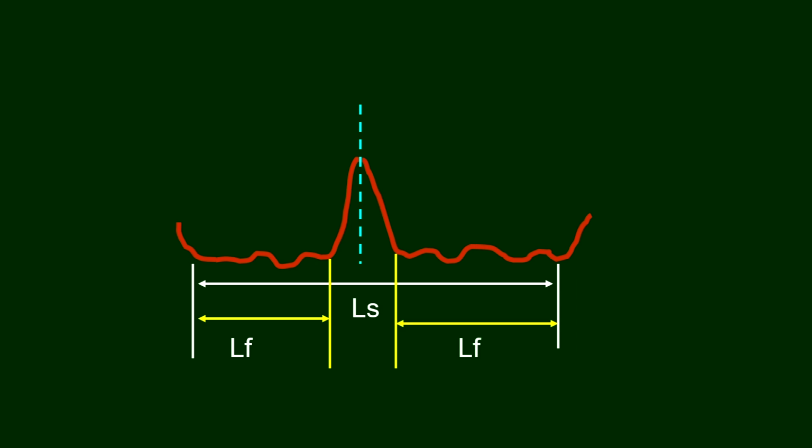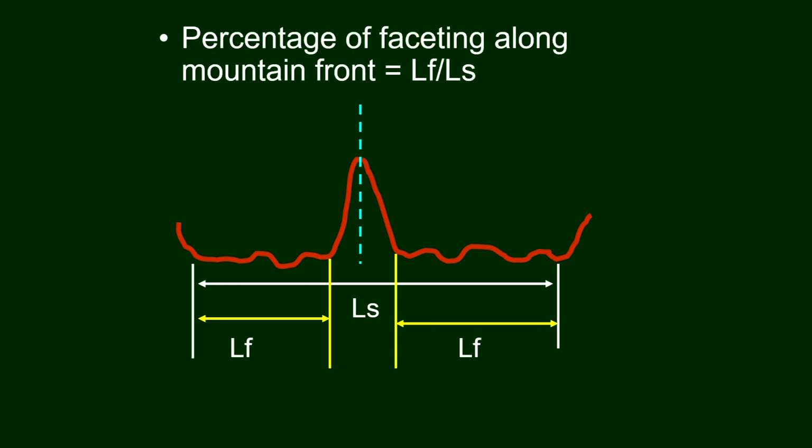Based on that, you can talk about the percentage of faceting along the mountain front, and that is this LF, and LS. You can add these two and take the overall length of the complete facets. That will give you the percentage of how much it is dissected actually.